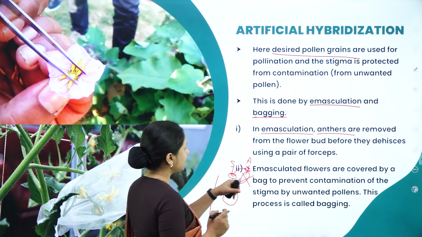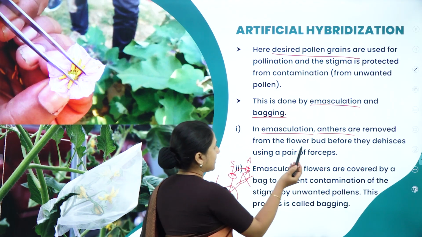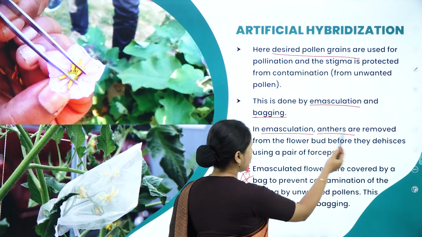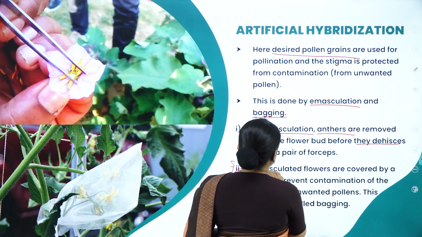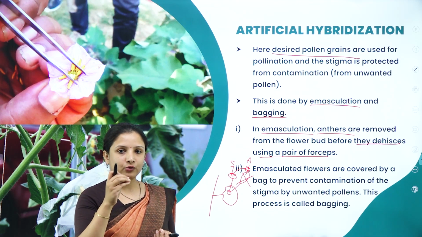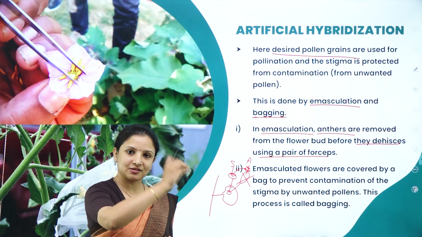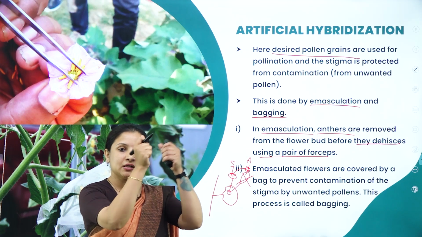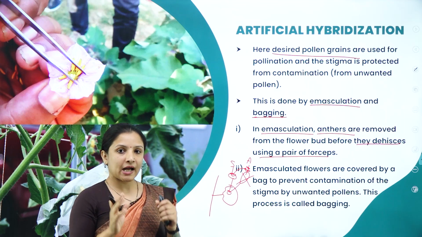Once the anthers are removed, that is first emasculation, the anthers are removed from the flower bud before dehiscence using a pair of forceps. After emasculation, we take the pollen grains from the desired flower, dust them onto the stigma, and then we cover the stigma with a bag. That method is called bagging. Why is bagging done?